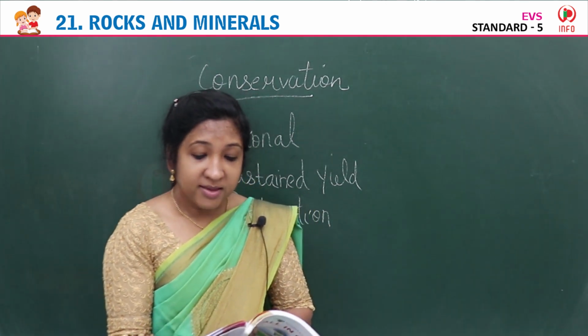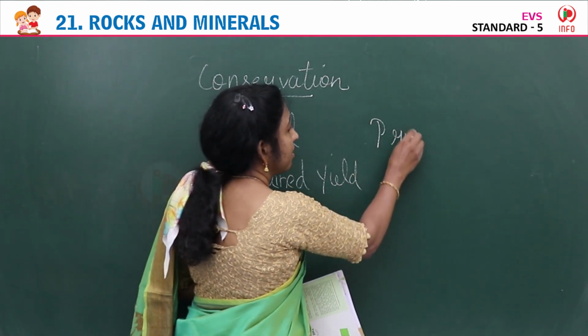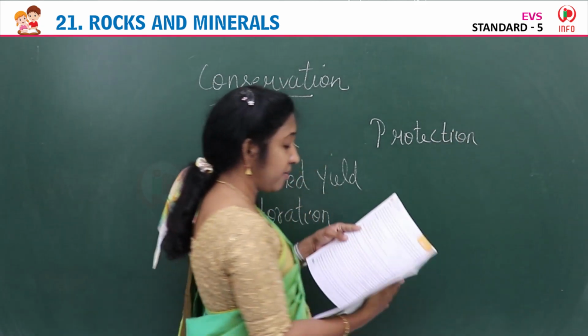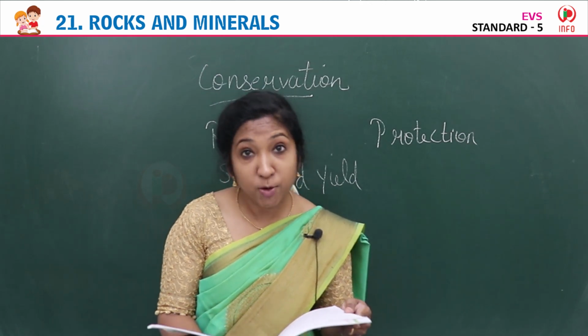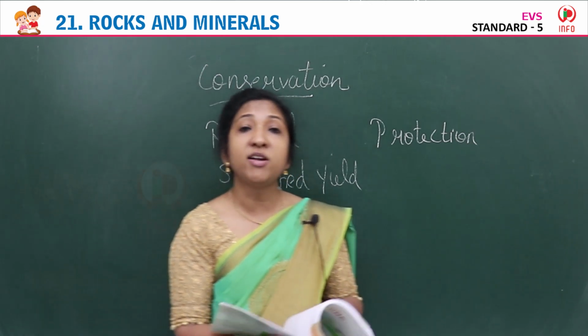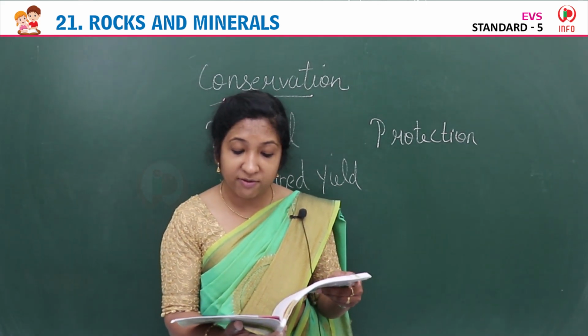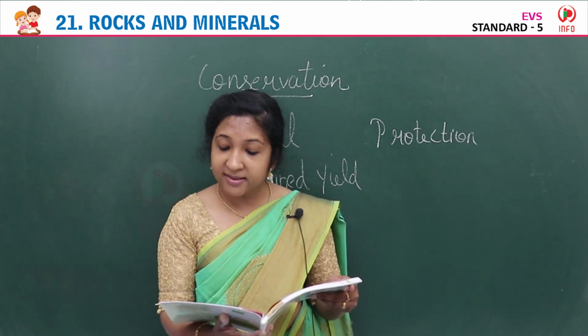Then next is protection. Yes, protection of natural resources from commercial exploitation. We should not exploit these resources, to prolong their use for recreation, watershed protection, soil, water, and scientific study.